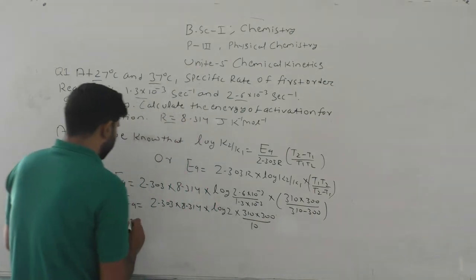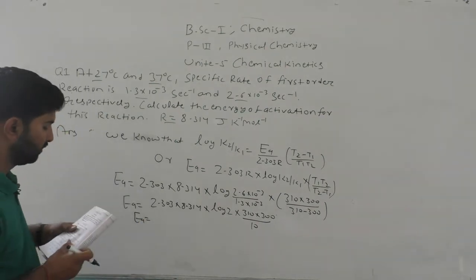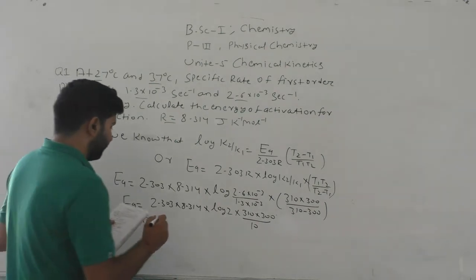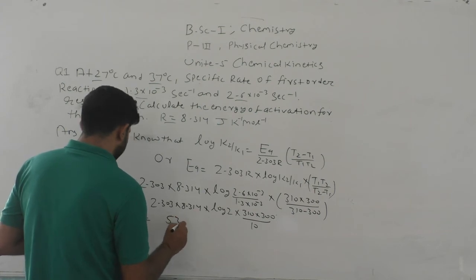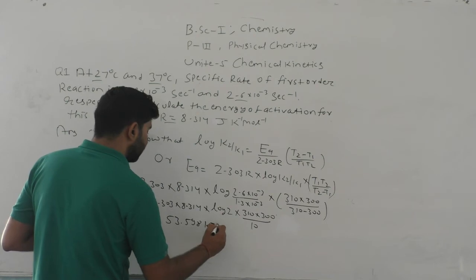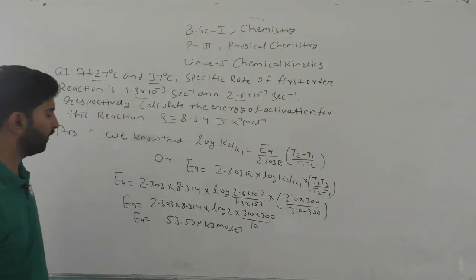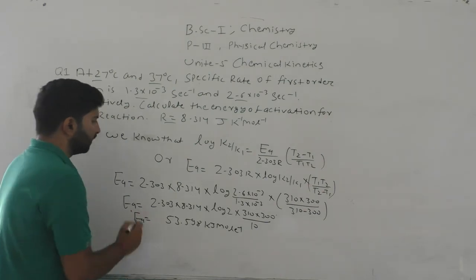So EA comes out equal to 53.598 kilojoule per mole. So this is the value of activation energy EA.